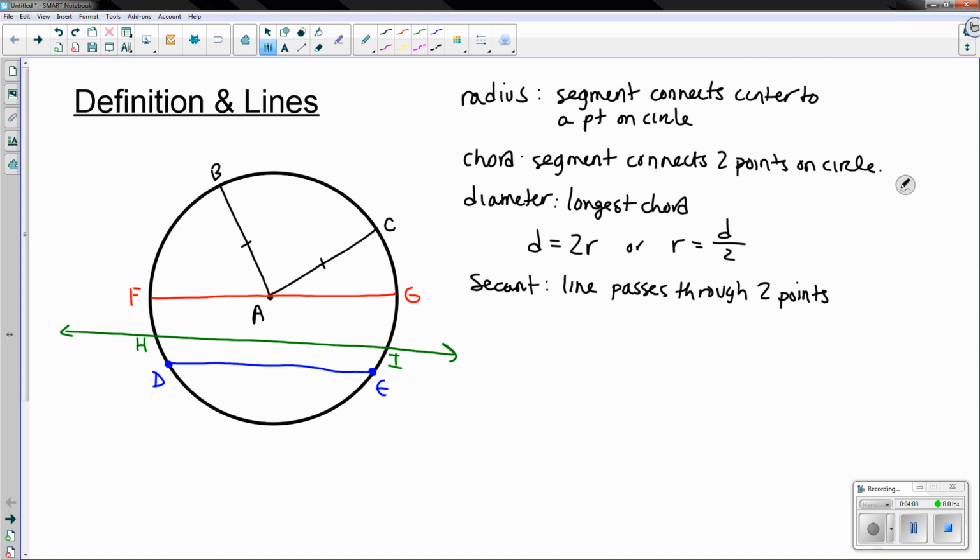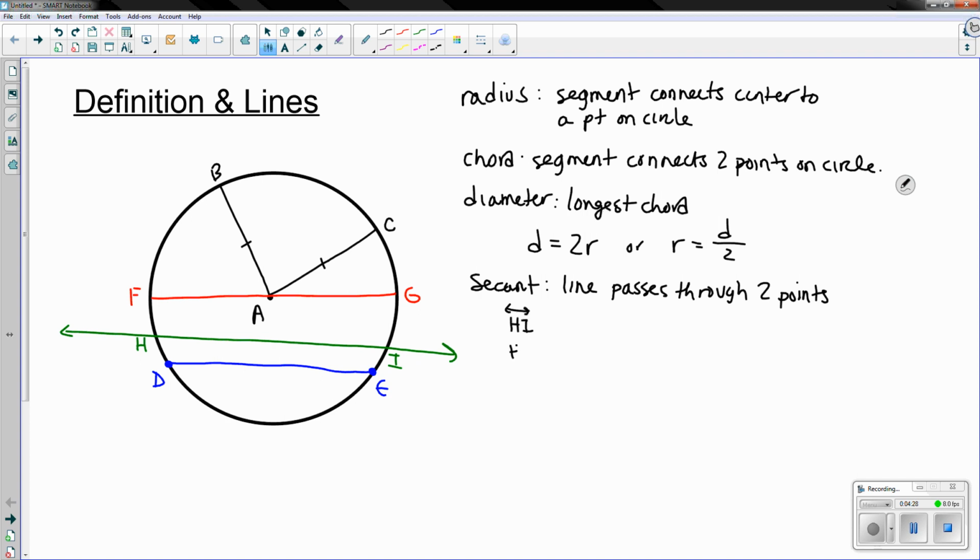Now, just some notation here. When I want to write the notation for the secant line HI, just recall that we want to introduce arrows for the line that's over the top of those 2 letters. The 2 letters are going to distinguish what line we're talking about when there's several lines involved.